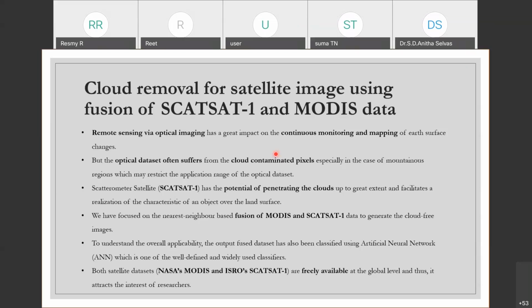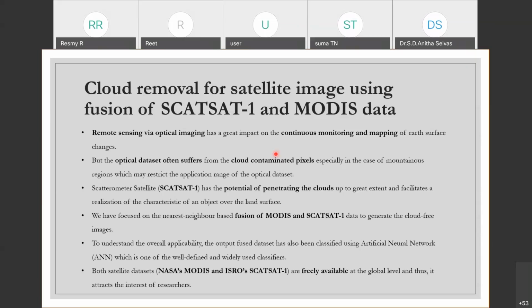So we have focused on nearest neighborhood based fusion of MODIS and SCATSAT-1 data to generate a cloud-free image, which could be used for applications where SCATSAT-1 alone cannot work very efficiently.